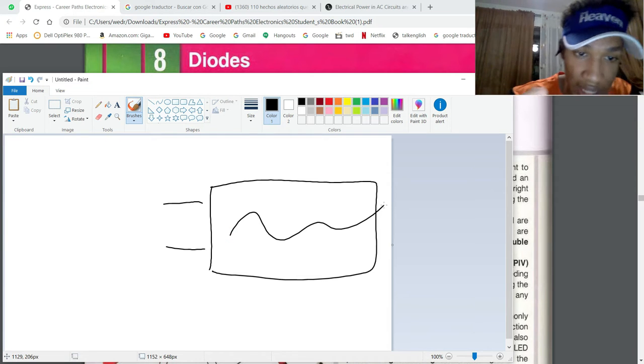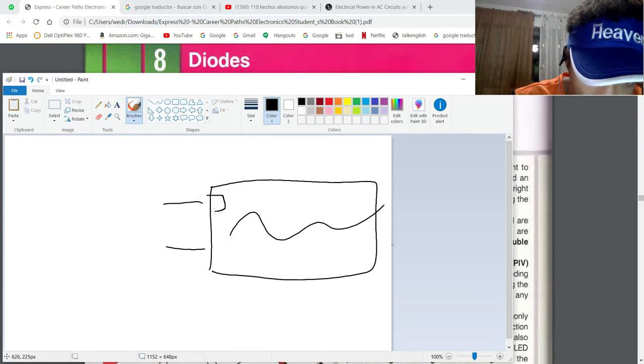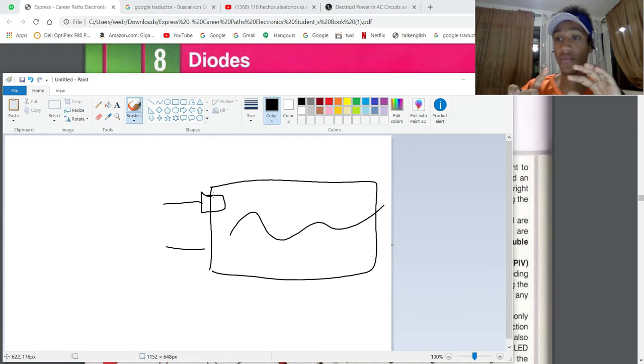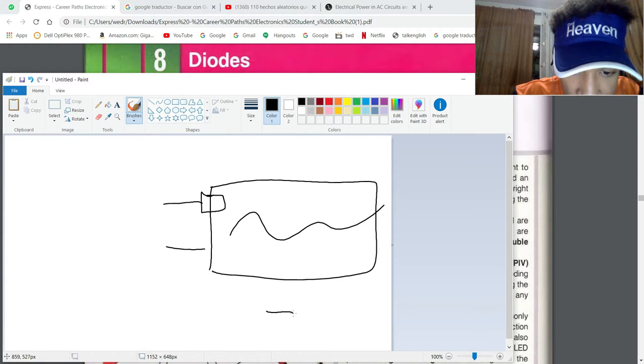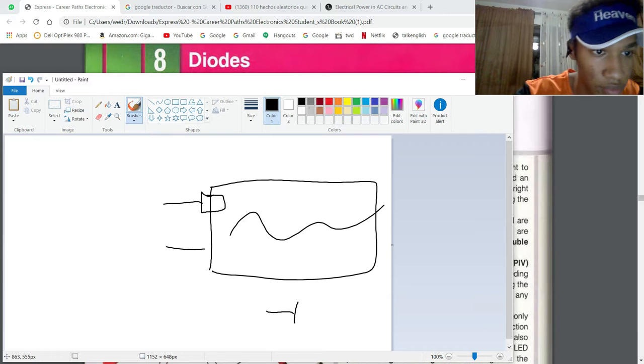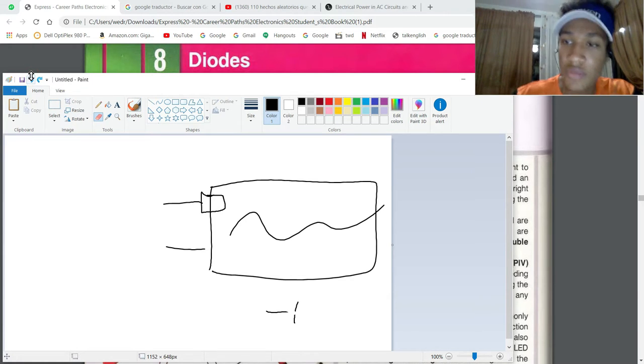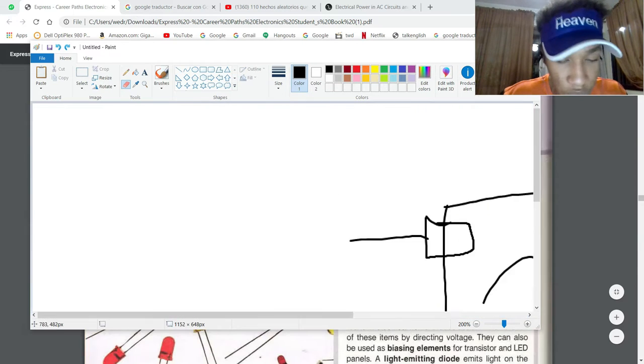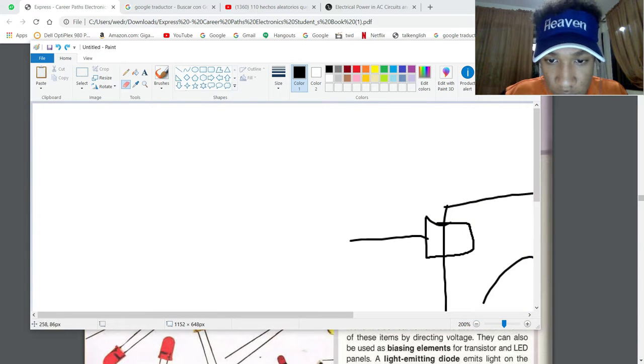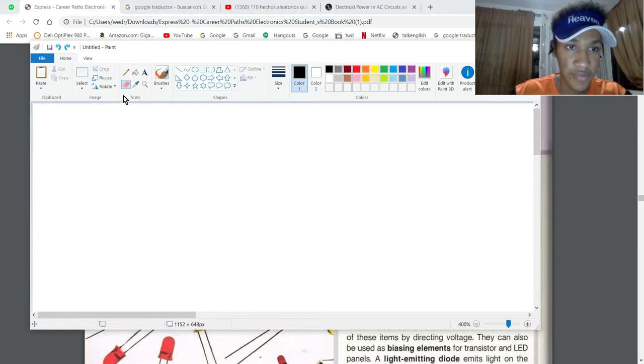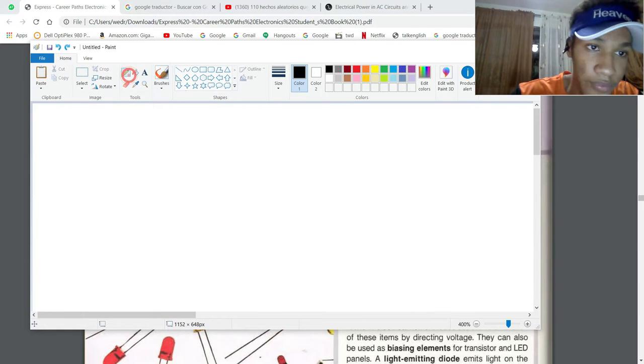Entonces, in this square I have a diode, but no. One moment, please. Okay. This is a circuit.